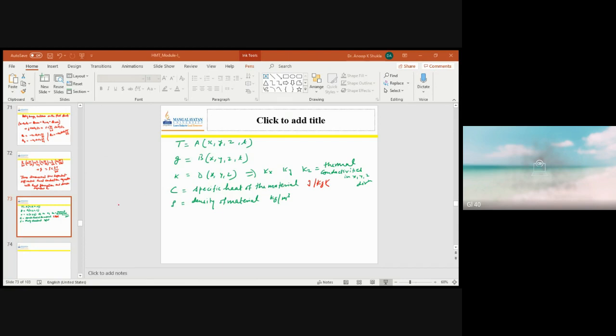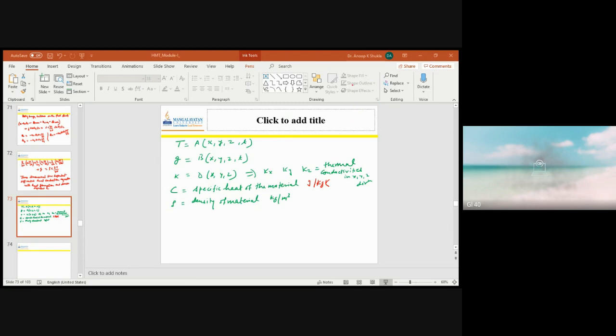And when we divide this equation by the thermal conductivity k, you simply get ∂²T/∂x² + ∂²T/∂y² + ∂²T/∂z² + G/k = (1/α) ∂T/∂τ, and ρc/k we can write as 1/α, because k/ρc is another parameter called thermal diffusivity.